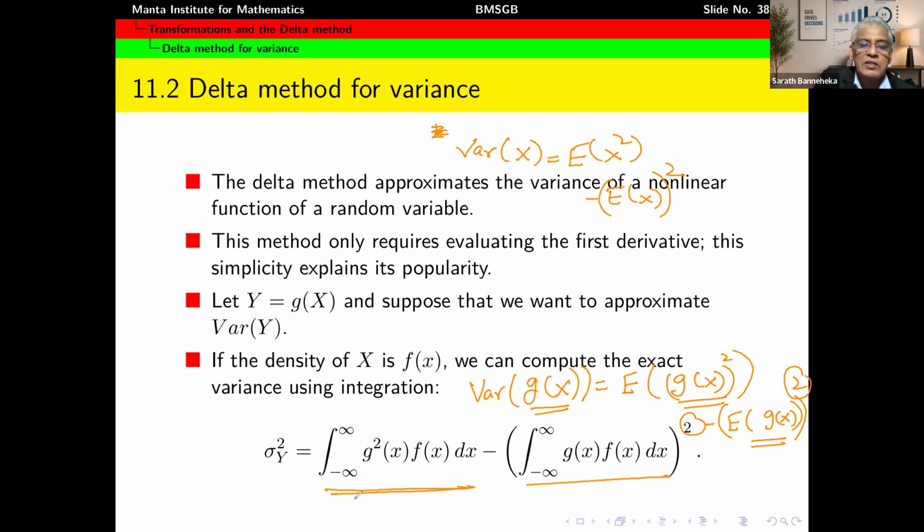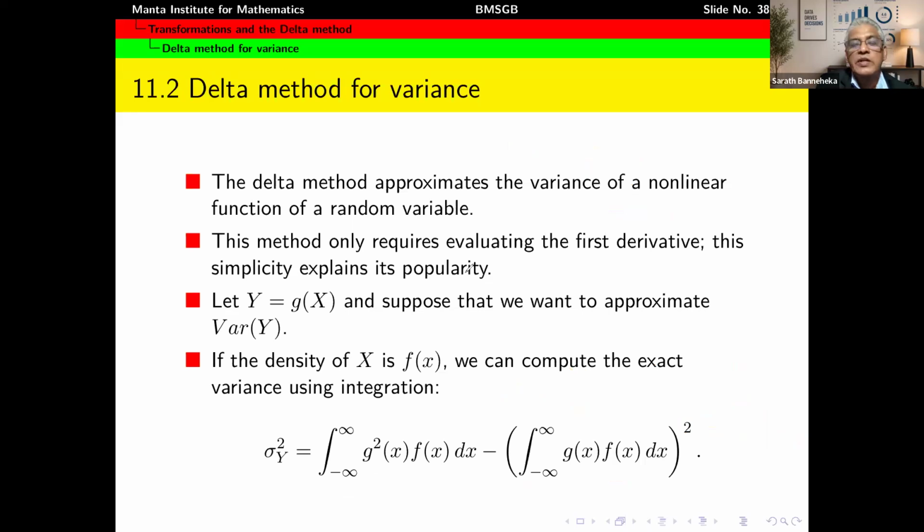But unfortunately, simplifying this expression will be quite difficult, especially when g(x) is a complicated function and f(x) can also be a complicated density function. So simplifying this thing will not be that easy. Therefore, instead of trying to get the exact expression, what we'll try to do is get an approximate expression for the variance of g(x).